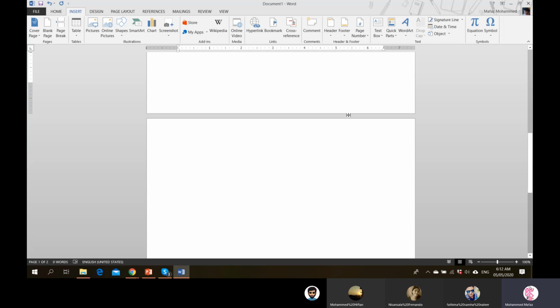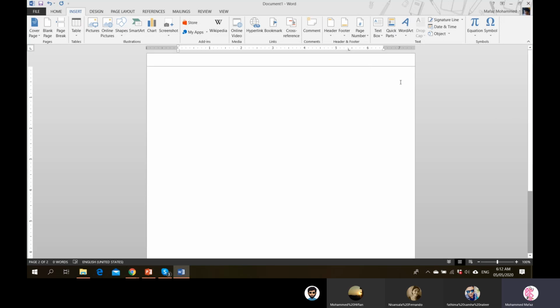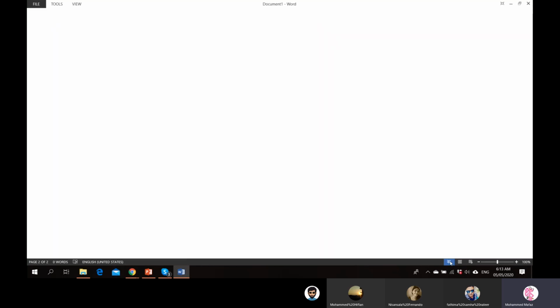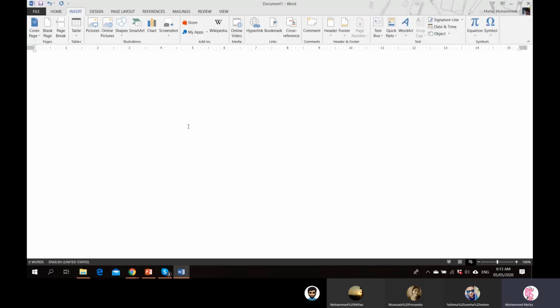By doing this, I believe, yeah, once you start typing, here it became 1 thing, right? So some people like to have it this way. They don't like to see that different section. But again, you have different options. Some people go into read mode, read the documents like this. Some people go to web layout, if it appears like a website.